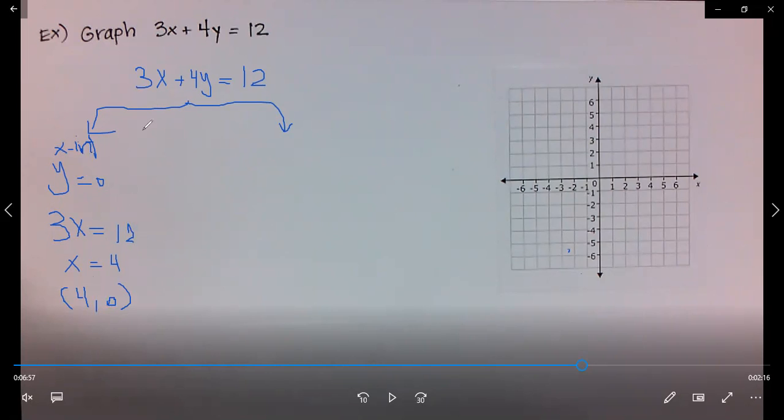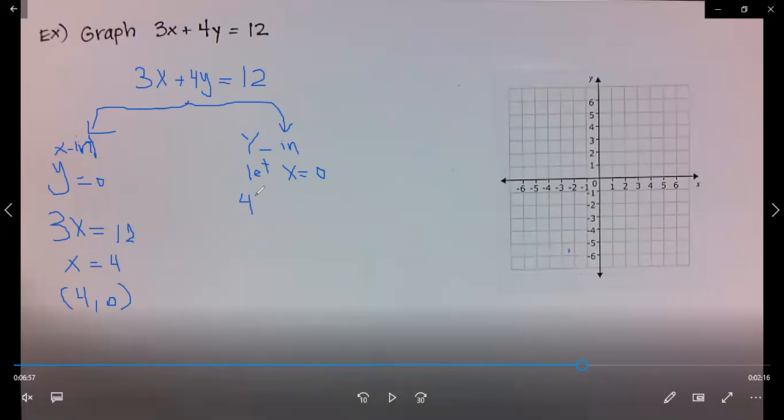Second, I want to find the y-intercept. Let x equal 0, which means remove the part of x.